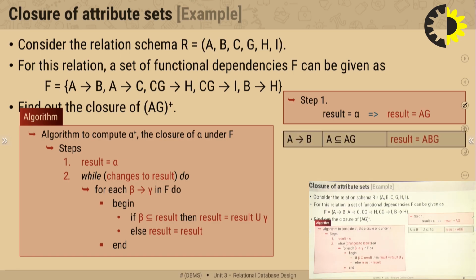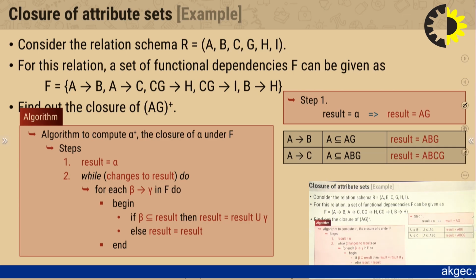Now the first FD is A determine B. This A is a subset of result, so result equal to AG union B, that is ABG. Next, A determines C, then this A is a subset of ABG, the previous result. So the result will be equal to ABG union C, that is ABCG.